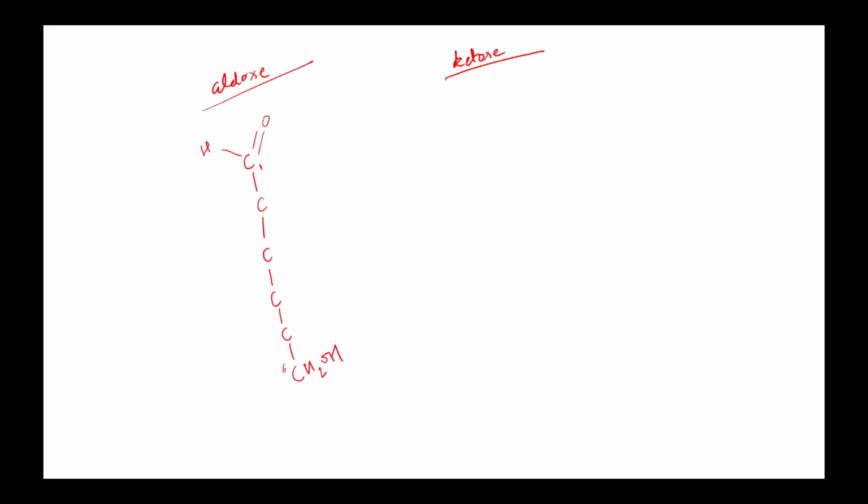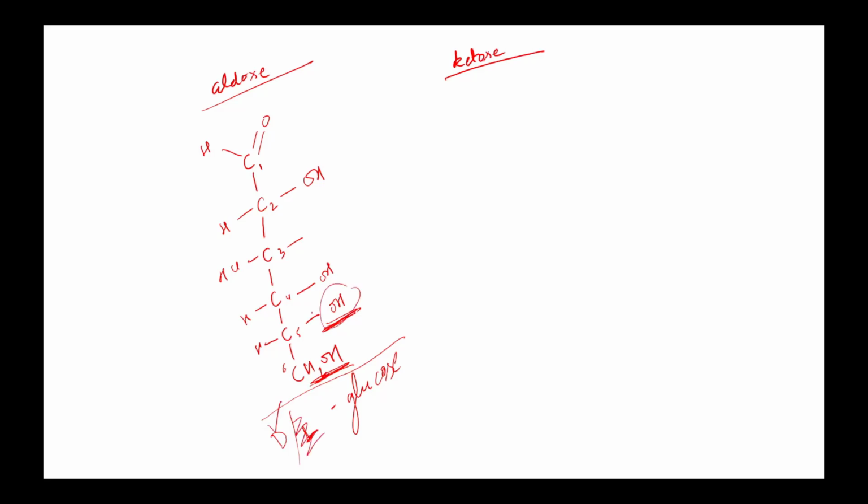The remaining carbons have OH and H in their configurations. This is the open chain structure of glucose. These two groups are towards the same side, which is why it is D-glucose. If this OH group were on the opposite side, it would become L-glucose.